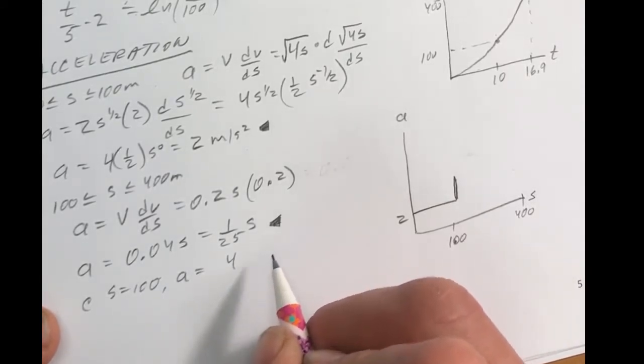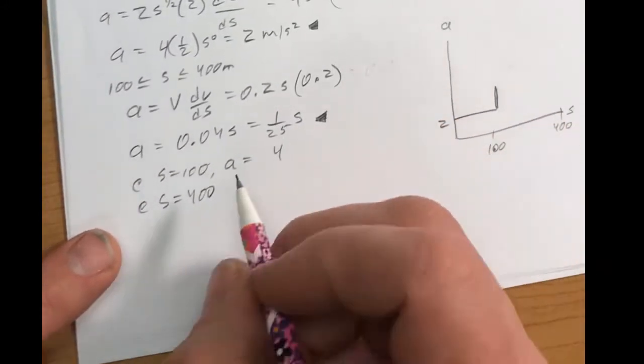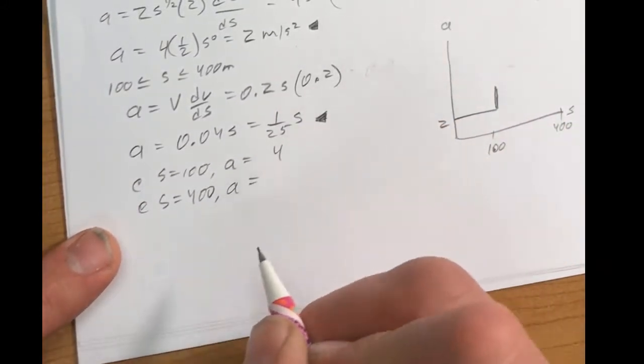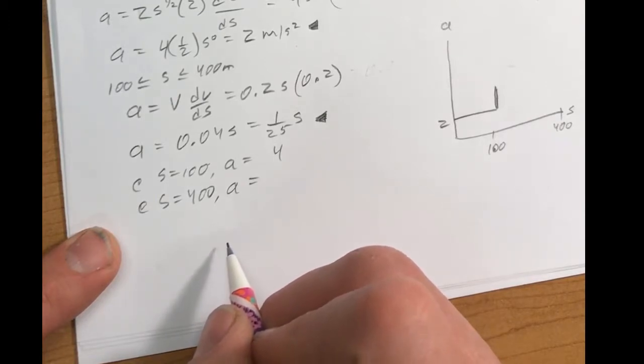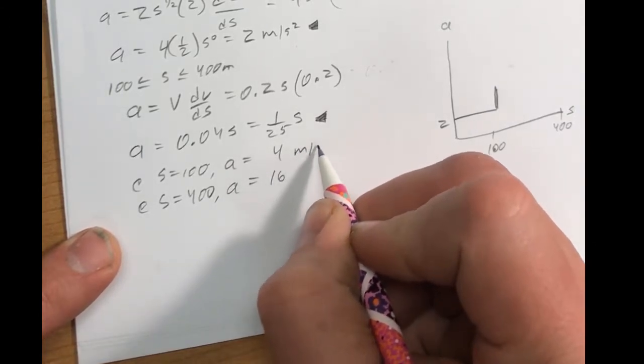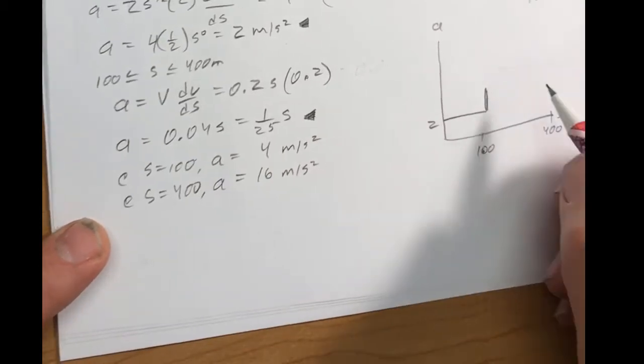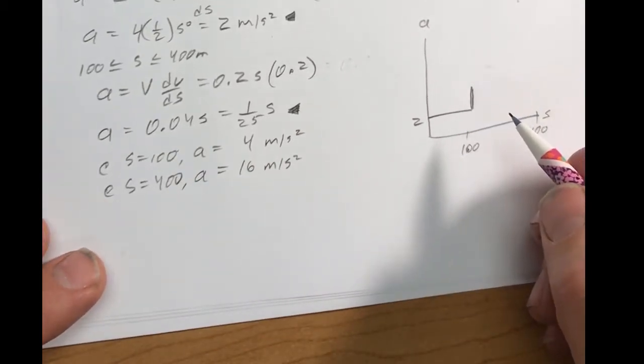Now at s equals 400, acceleration equals 400 divided by 25, which is going to be 16. And these are meters per second squared. Okay, so what does the function look like?